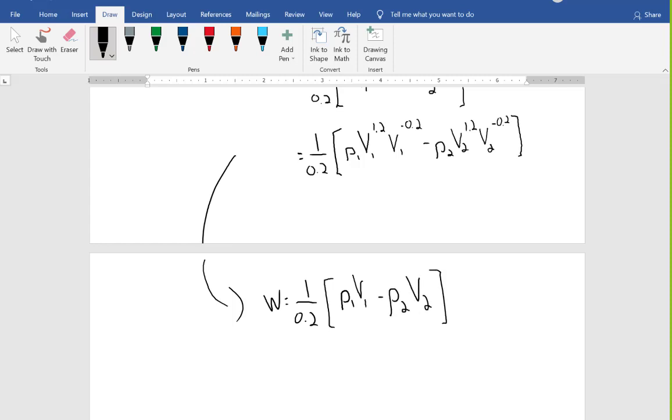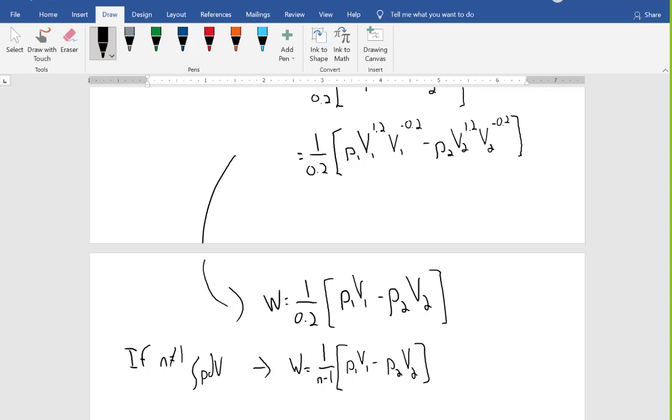So generally, if n is not equal to 1, and I have to do the integral of P dV, it's going to have this same form, that work is going to be 1 divided by, remember, n here was 1.2, so this is going to be n minus 1, multiplied by P1 V1 minus P2 V2.